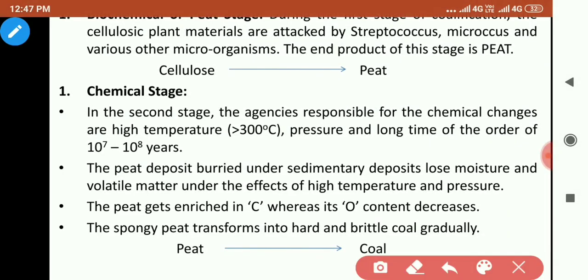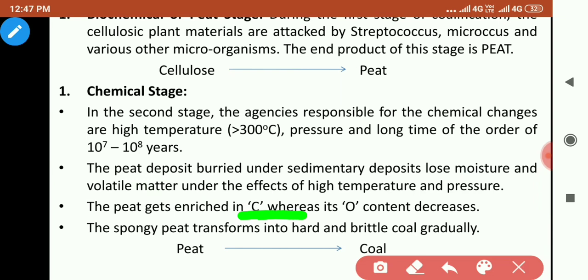The peat deposit buried under sedimentary deposits loses moisture, and also loses the volatile matter. Whatever moisture or volatile matter is present is lost under the effects of high temperature and pressure. Another important thing is that the peat gets enriched in carbon content.